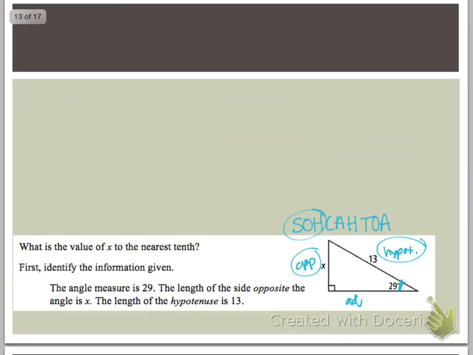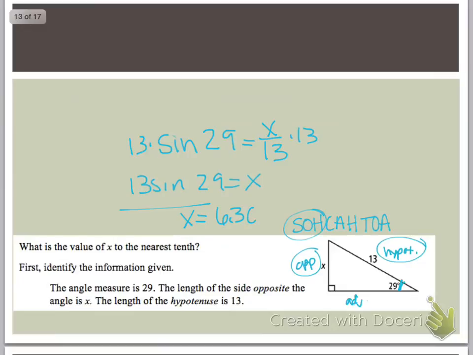So when I'm writing this out, I got sine of my degrees, 29. Well, sine represents opposite over my hypotenuse. My end game is to get x by itself, so we're going to multiply both sides by 13. And that is what I'm going to type in my calculator. So 13 times the sine of 29, I got my side length to be 6.3025.